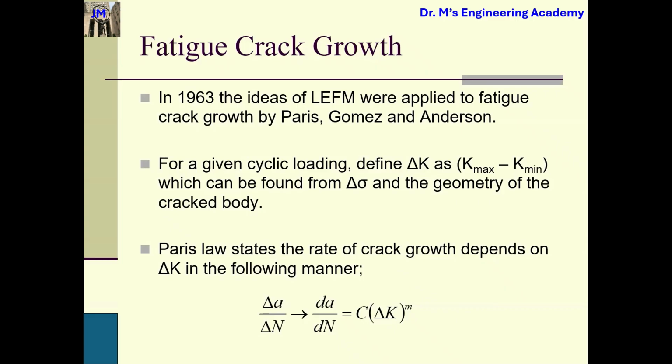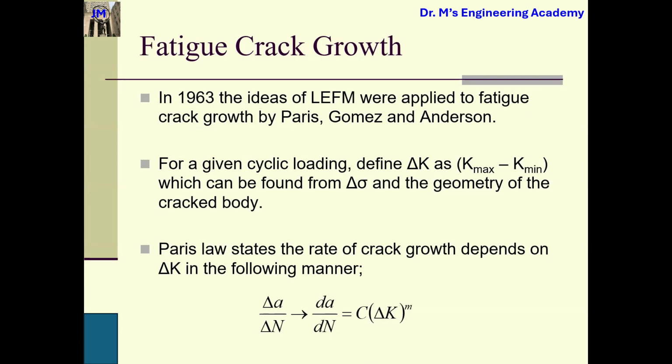And then Paris law, Dr. Paris: the rate of crack growth depends on delta K in the following manner. So a is the crack length, and delta a is the increment of the crack length, and delta N is the number of cycles. So this can be written as the derivative of crack length with respect to number of cycles, da/dN, which equals C multiplied by delta K to the power m.